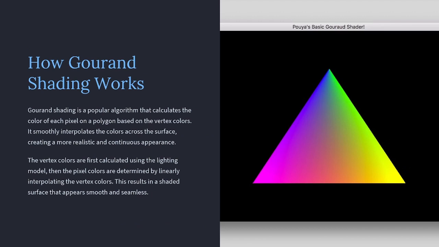So how does it work? It works by interpolating the intensity values at vertices. By interpolation we mean approximation or estimation of new values based on known values. So we estimate the intensity values in between the two known intensity values at two vertices.